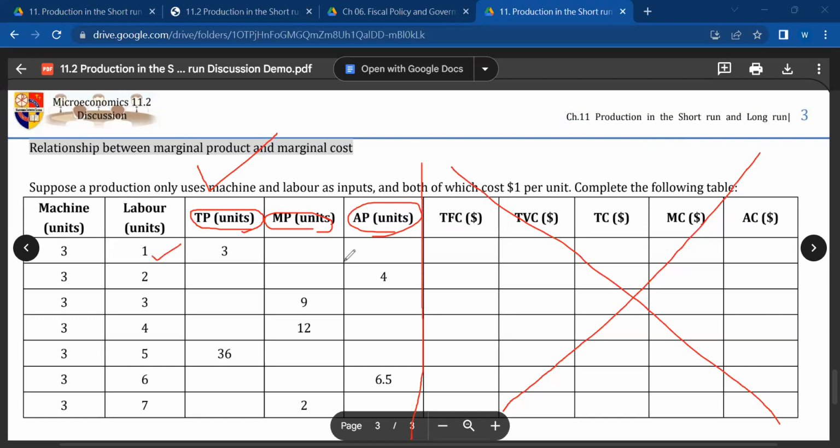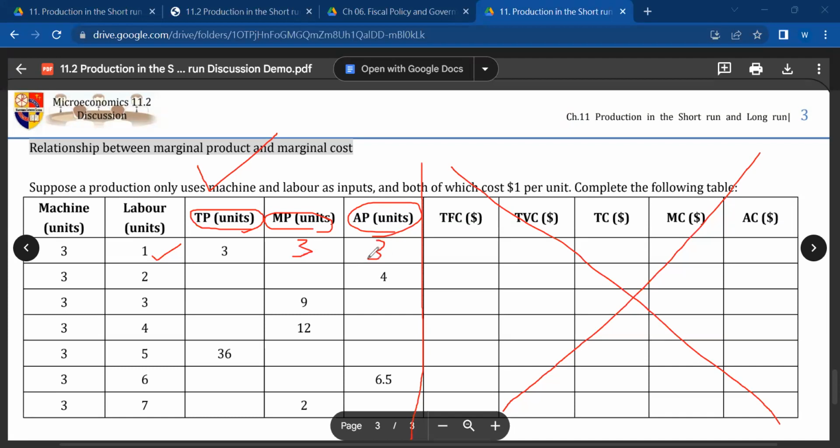MP is 3 and then AP is 3. Okay, so she tells us that MP is 3 and AP is 3 too.